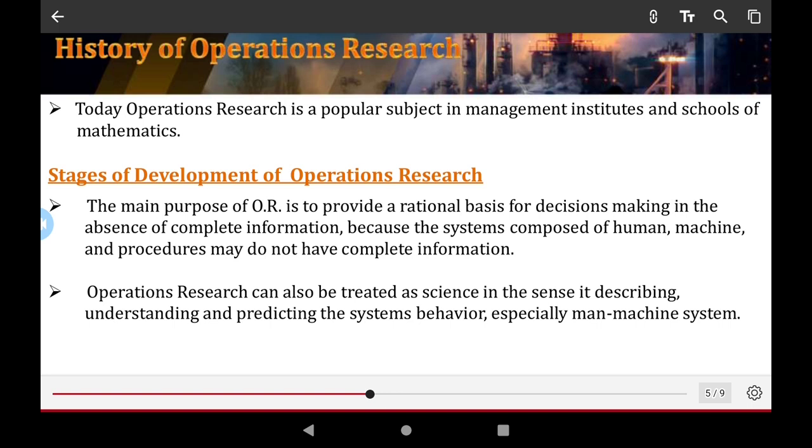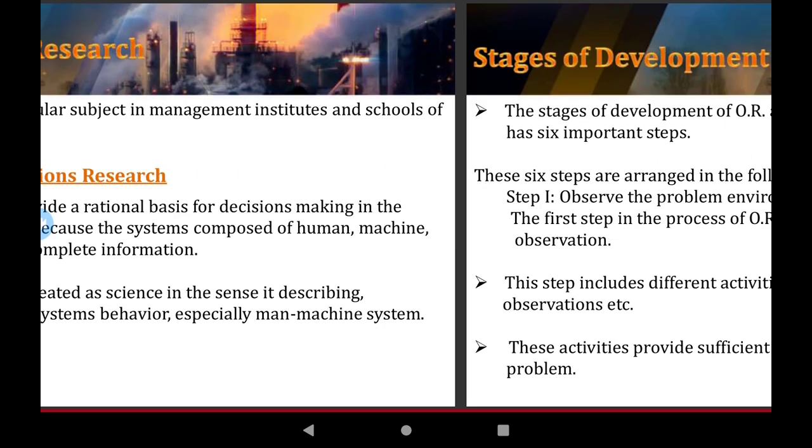It gives a very good understanding, describing and predicting of system behavior, to understand the behavior of systems, especially man-machine systems. Some problems are solved with the help of operation research.